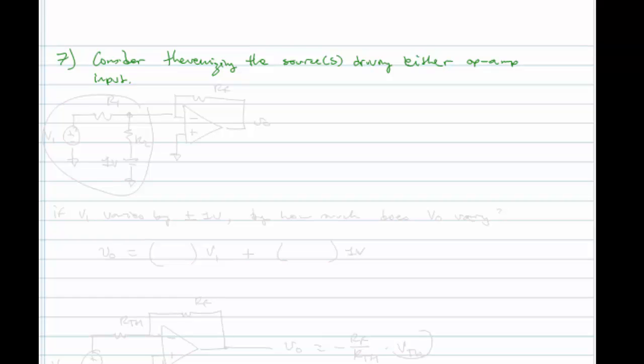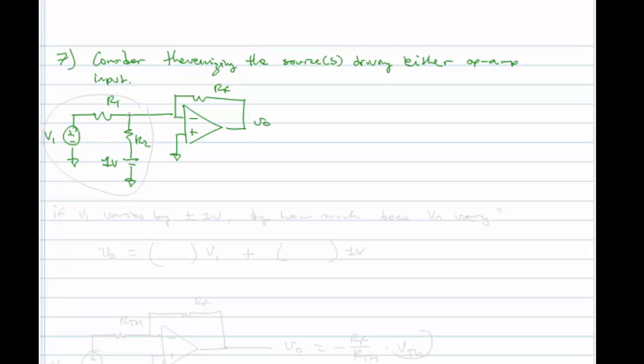So as an example, we have an inverting op-amp topology, and let's say that we have R1, V1, and we have a R2, say going to 1 volt here.